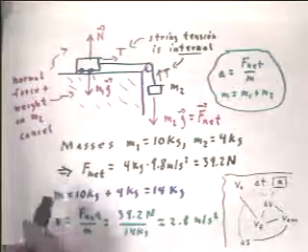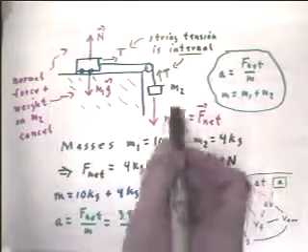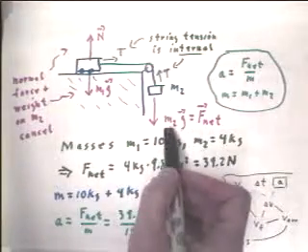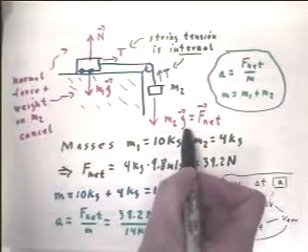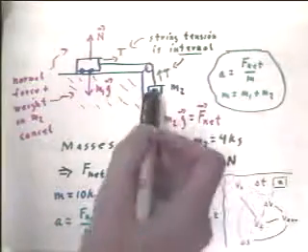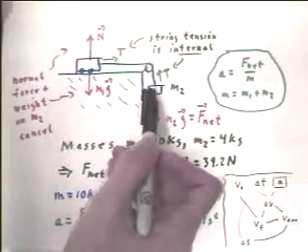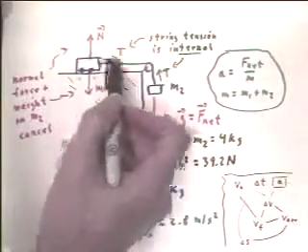Okay, now we have the force of gravity on this mass, m2 times the acceleration of gravity, and that's the net force acting on this mass. And it's actually the net force acting on the system that consists of these two masses connected by the string.